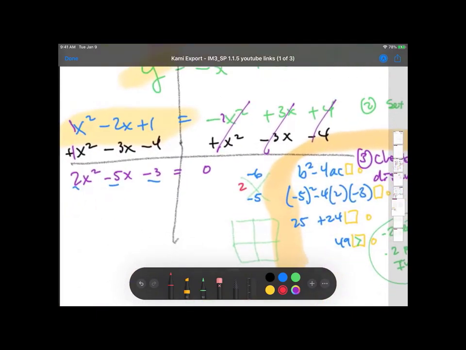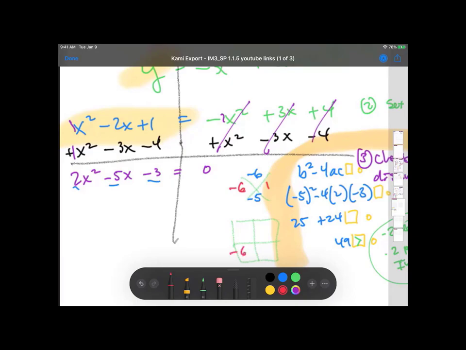Two numbers that multiply to be negative 6, but add to be negative 5. Those are going to be negative 2 and negative 3. Those didn't work. So negative 6 times 1 equals negative 6, and negative 6 plus 1 equals negative 5.